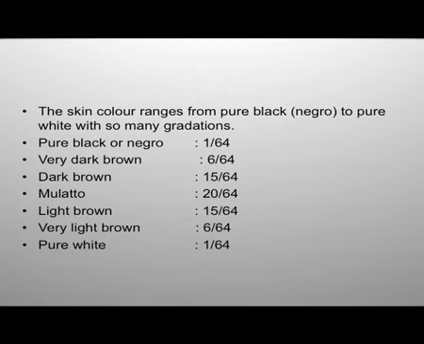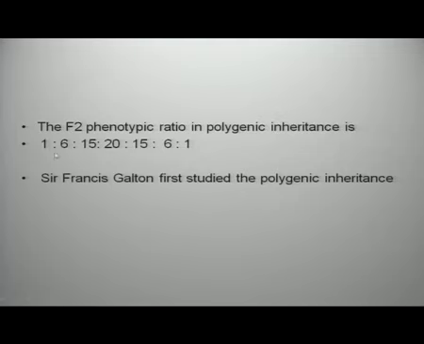So, here you can see the phenotypic ratio in a quantitative or polygenic inheritance as 1:6:15:20:15:6:1.